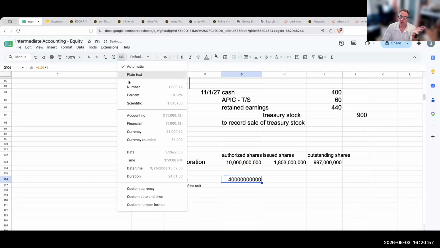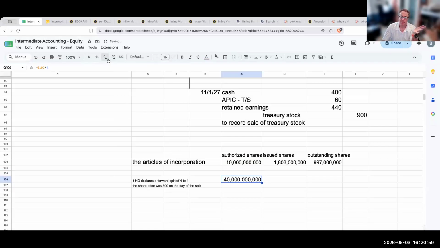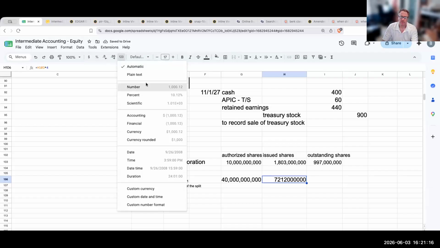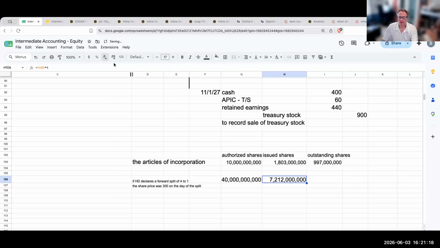So I'm now going to have 40 million authorized shares. The outstanding shares are also multiplied by 4, and my issued shares are also multiplied by 4. So we do a forward split.